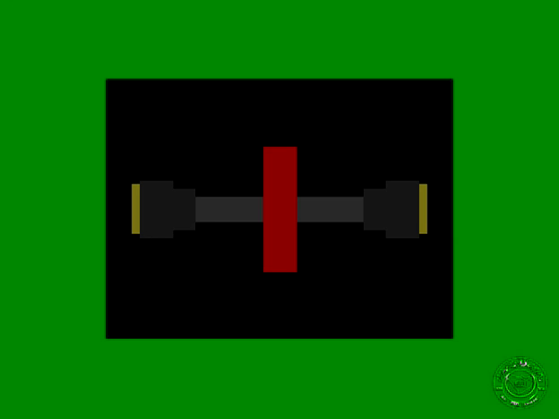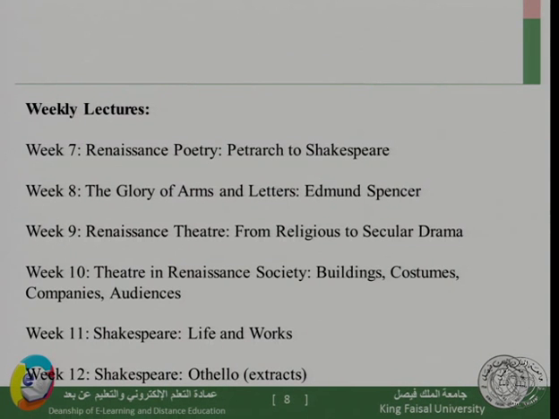Week 12 we will look at an example of Shakespeare's plays. So we will look at Othello, for example. It's a very famous play, known in Arabic as Otayl, because Othello is a North African. He's from the Maghreb, and he's the hero in this Shakespearean tragedy called Othello.